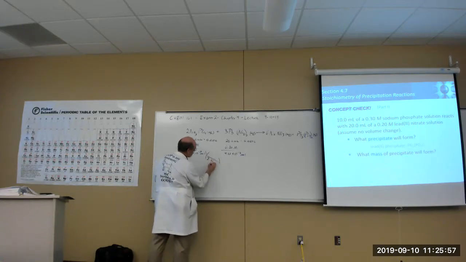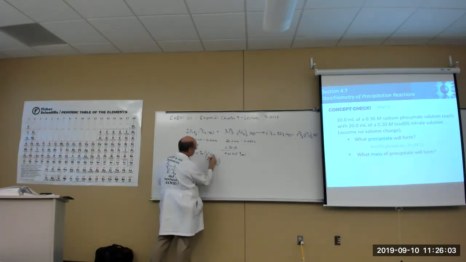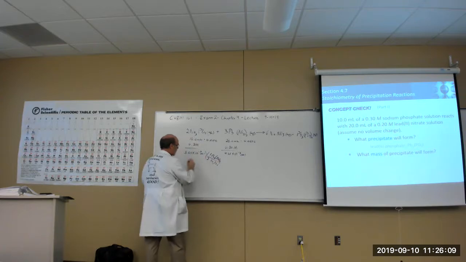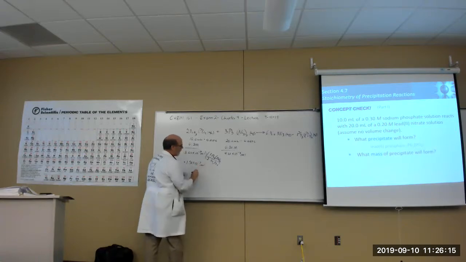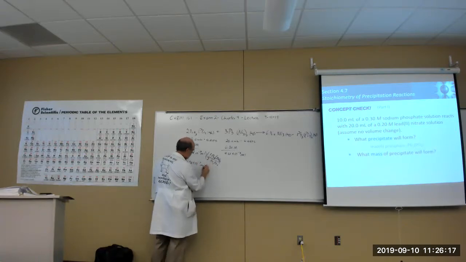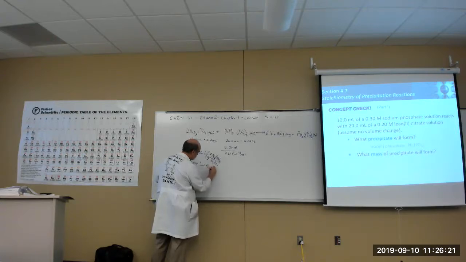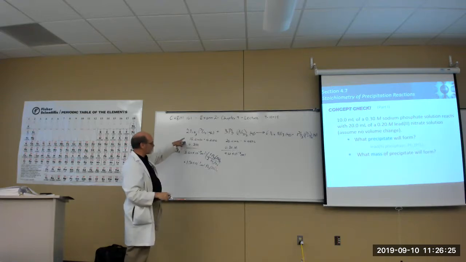Two sodium phosphates for every 1 lead-3 phosphate. Lead-2 phosphate, excuse me. Right? So we divide by 2, and we get 1.50 times 10 to the minus 3 moles of lead-2 phosphate. Okay? That's if everything is used.